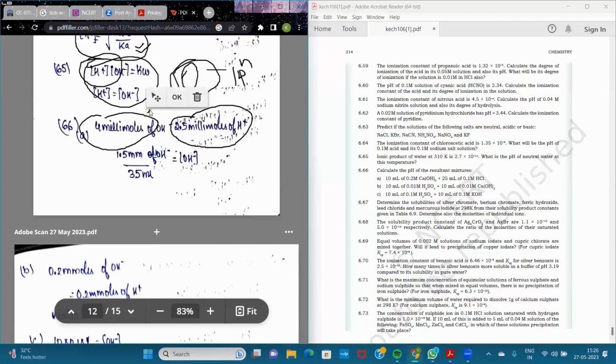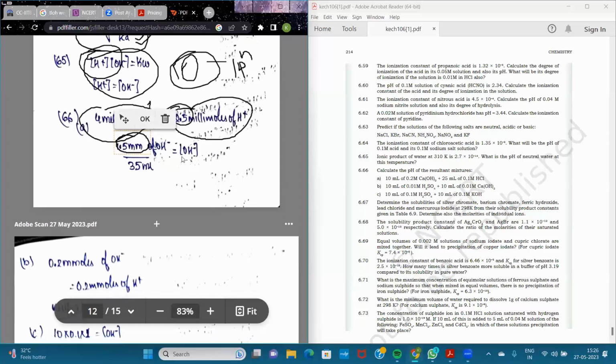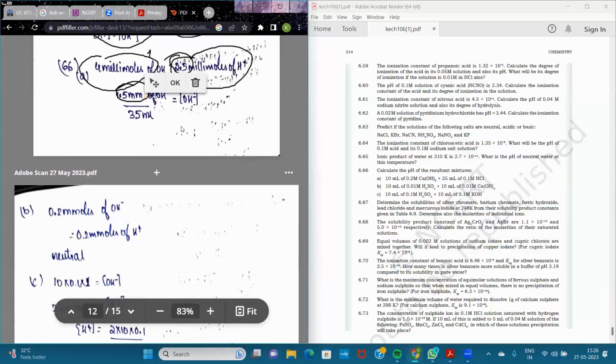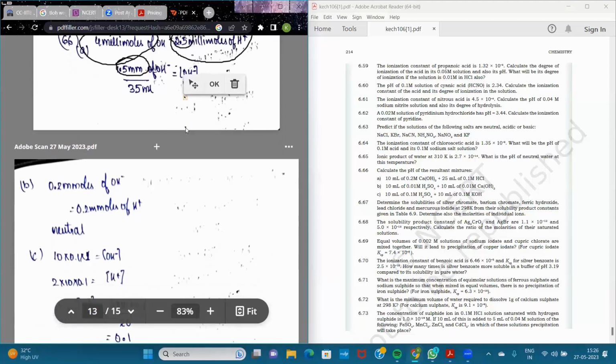So 4 millimoles of OH minus are there, 2.5 of it will react with H plus, so 1.5 millimoles of OH minus are present in the solution. Divided by total volume, 10 plus 25, that is 35, we'll get the concentration of OH minus. From this, we can calculate pOH, and from pOH, we can calculate pH as 14 minus pOH.